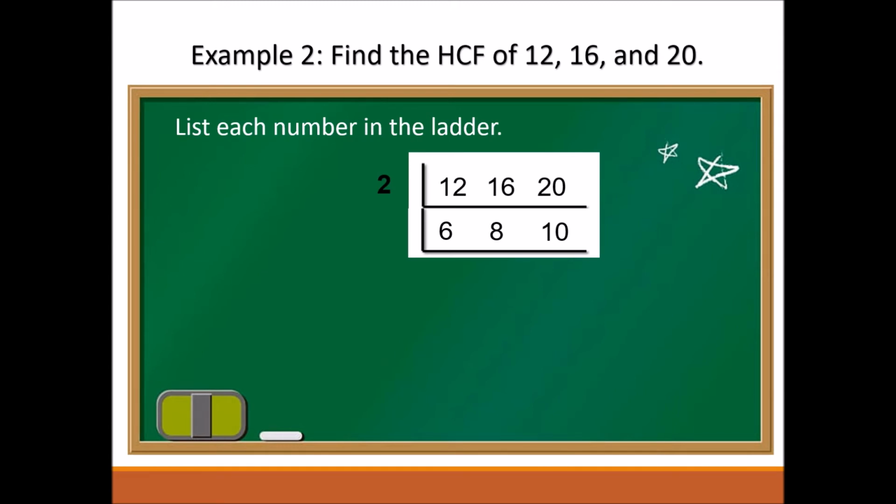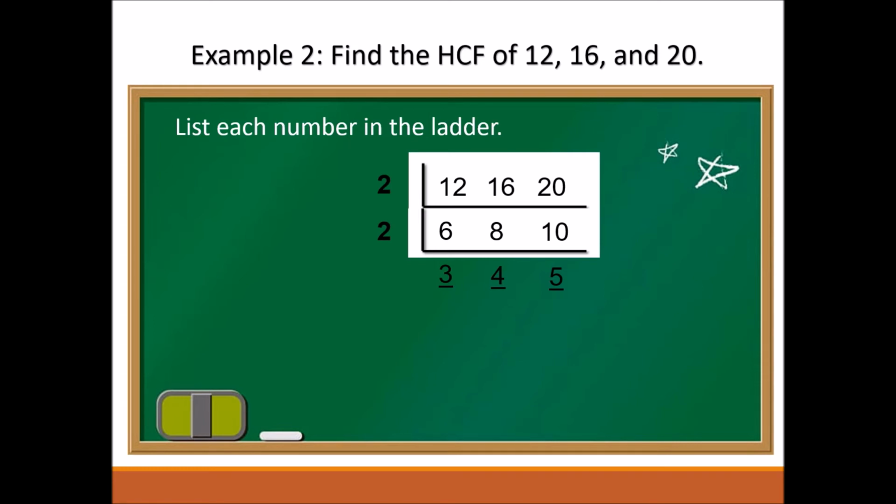Because 6, 8, and 10 can still be divided by the common prime factor, which is 2, we are going to continue dividing them. 6 divided by 2 is equal to 3, 8 divided by 2 is equal to 4, and 10 divided by 2 is equal to 5. Now, in 3, 4, and 5, is there a common factor to use to divide them?